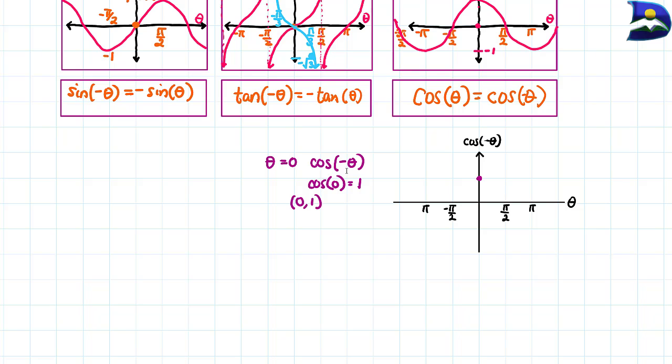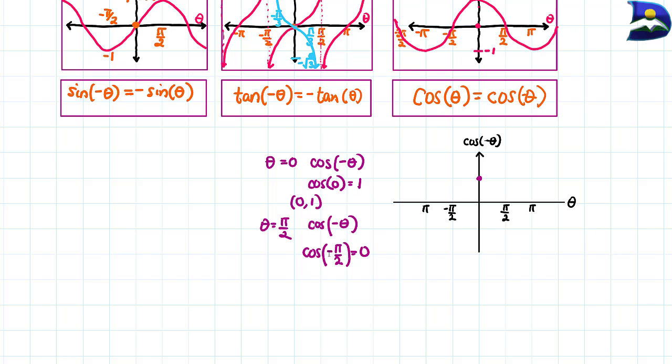Now the next one is where theta is equal to pi over 2, applied to cos of negative theta. What does that look like? Our cos of negative pi over 2 is equal to 0, because cos pi over 2 equals 0.